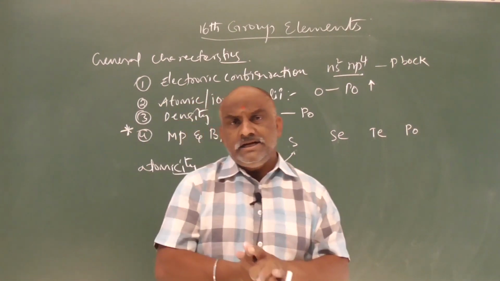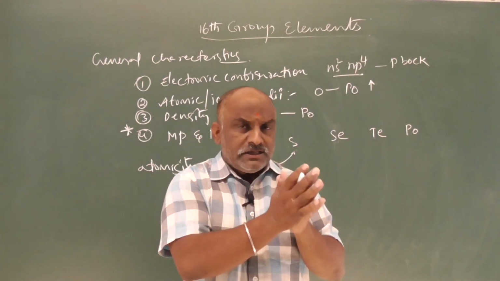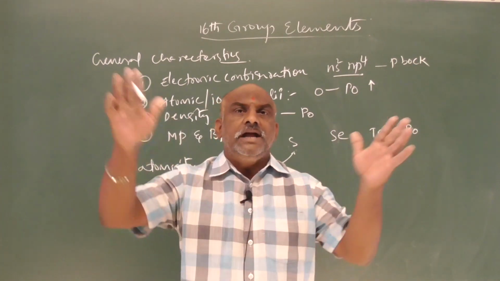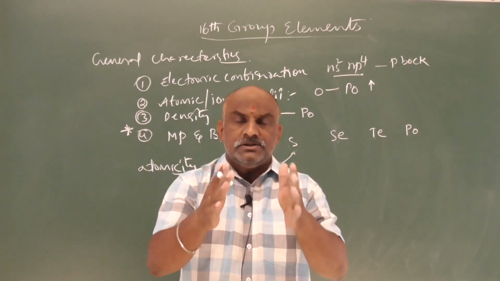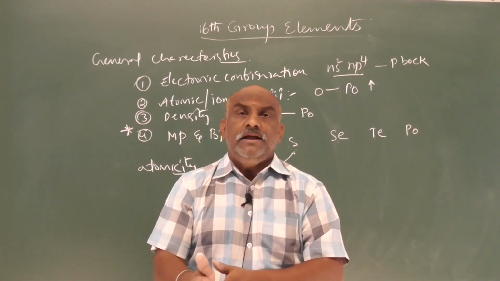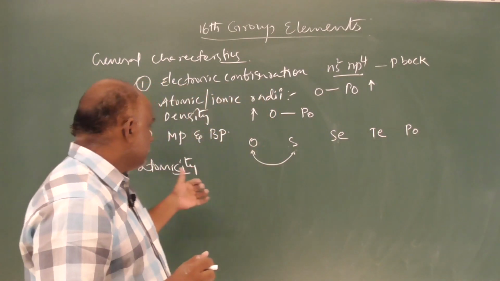Once you observe the NCERT text, focus on the values: the value of oxygen's melting point, the value of sulfur's melting point, a large gap takes place. After that, from sulfur to selenium, a small gap, selenium to tellurium, a small gap, and from tellurium to polonium, it decreases. Clear. Once you observe the table, you have to notice this point, because the reason is atomicity.